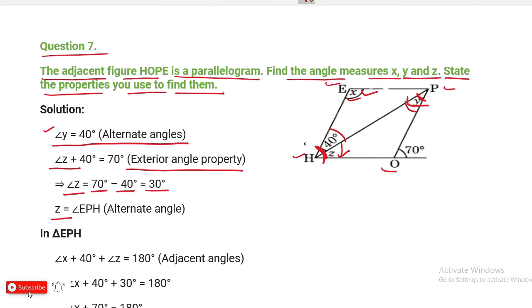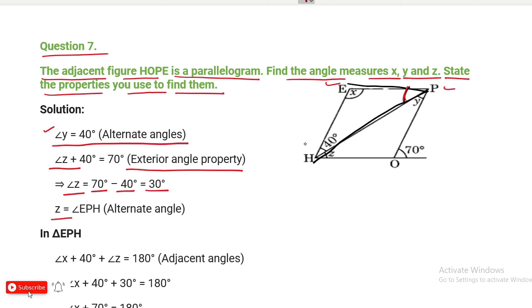Then Z is equal to angle EPH. Where is angle EPH? Here, this is your angle E, P and H. This is your angle EPH.